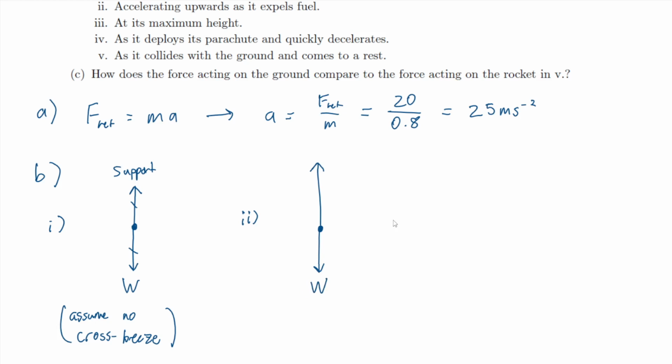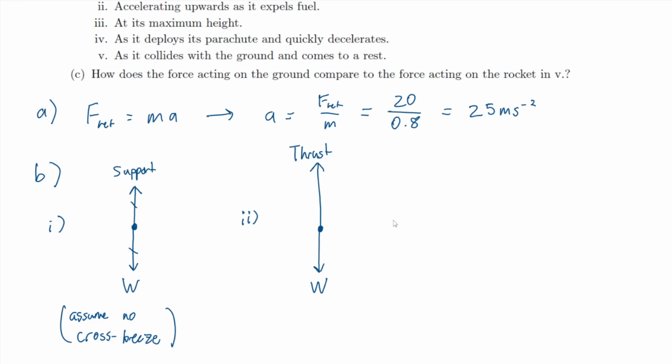So these arrows are clearly not the same size, because the size of the arrow indicates the magnitude of the force, and we know that the net force should be up. Now what is providing this upwards force? Well, it's the fuel, right? It's the thrust. Cool.